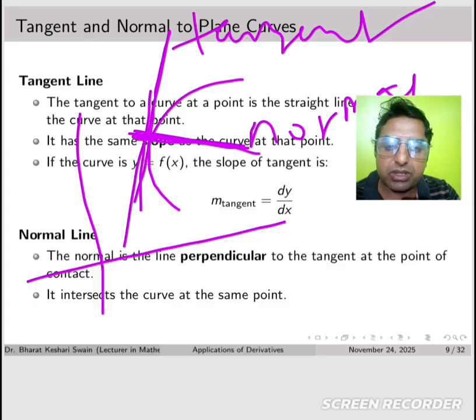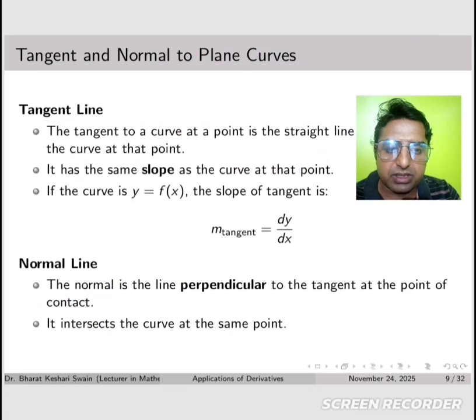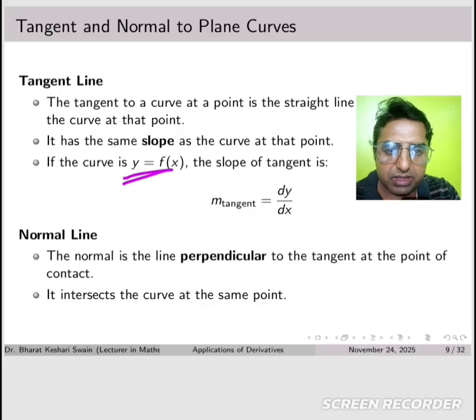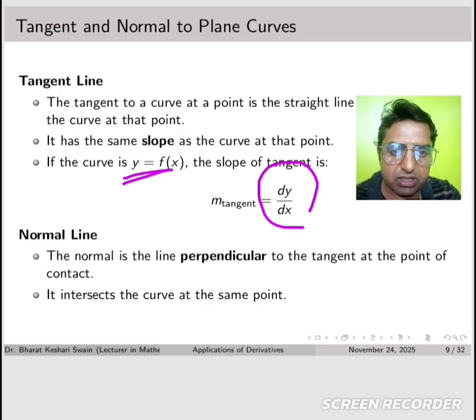So what do we have to remember? If y is the curve, then dy by dx represents the slope of the tangent.